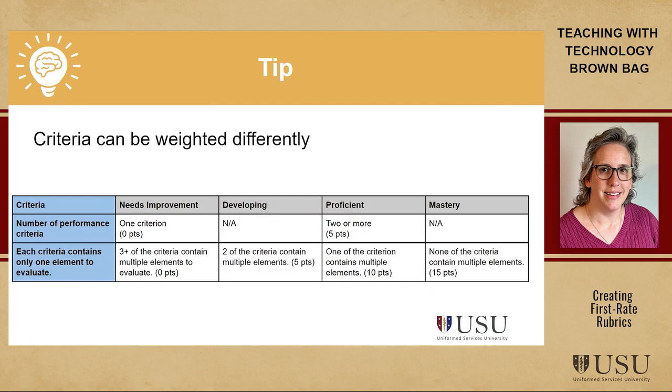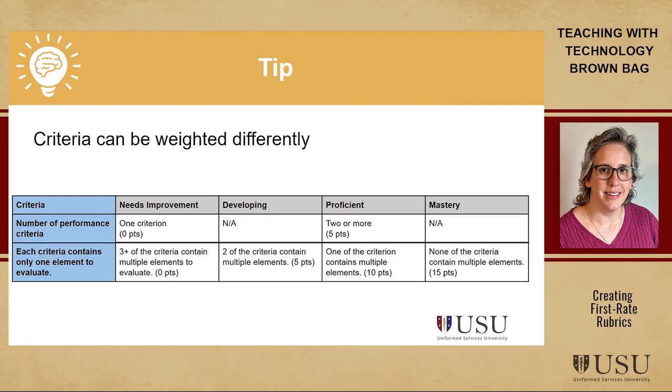And then also think about how your criteria can be weighted differently. We do this because we don't want things that are less important to have the same weight in a rubric as something that's more critical. So in the example here, you can see that having the number of performance criteria is only worth a maximum of 5 points, but each criteria contains only 1 element to evaluate we feel is more important, more critical, so that is worth 15 points.